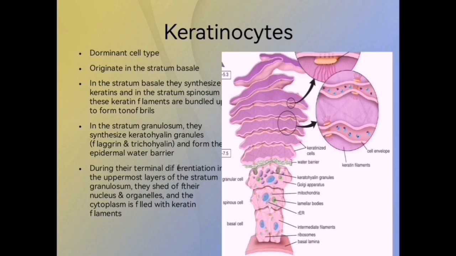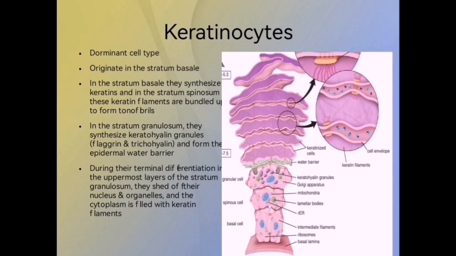Within the stratum spinosum, the synthesized filaments bundle together to form what you call tonofibrils. These tonofibrils accumulate in the cytoplasm and give the cytoplasm a characteristic eosinophilic staining.